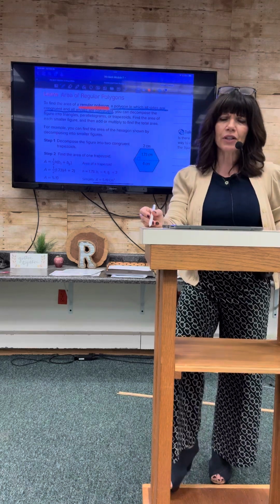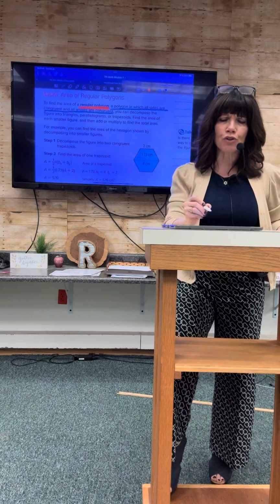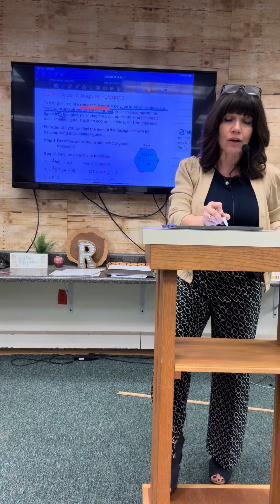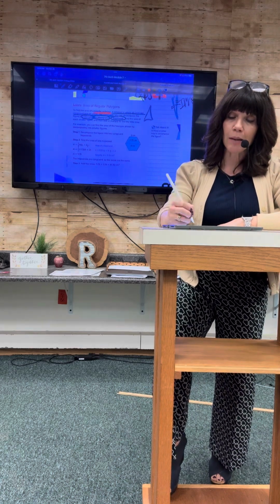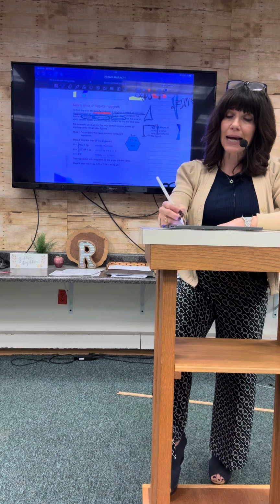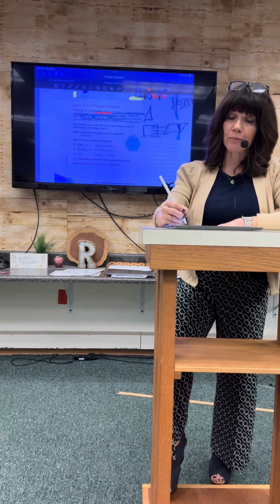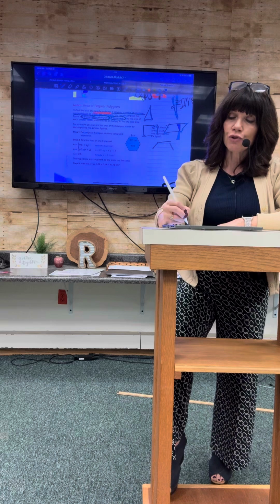You can decompose the figure. Ooh, let's see what they're saying here. Decompose the figure into triangles, parallelograms, or trapezoids. So out to the side, draw yourself some shapes that you could break it down into triangles, parallelograms, or trapezoids.